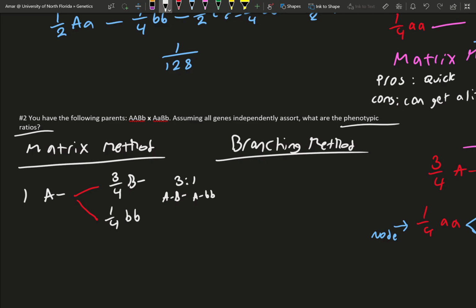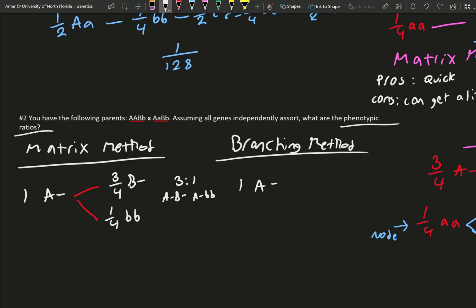Now, the branching method for this problem, we're going to do another problem, obviously, but this one is quite simple. It's exactly the same thing because we only have one product from the A gene, which is just big A whatever.